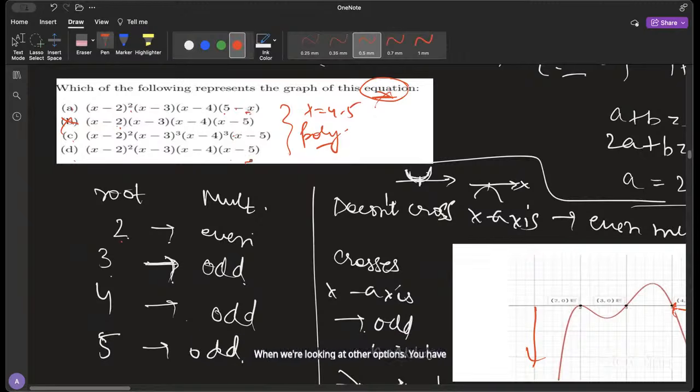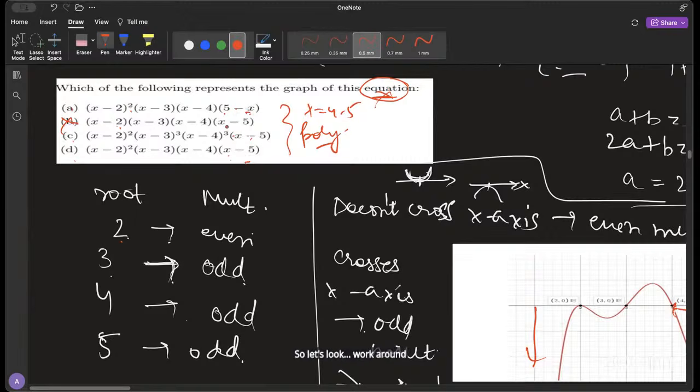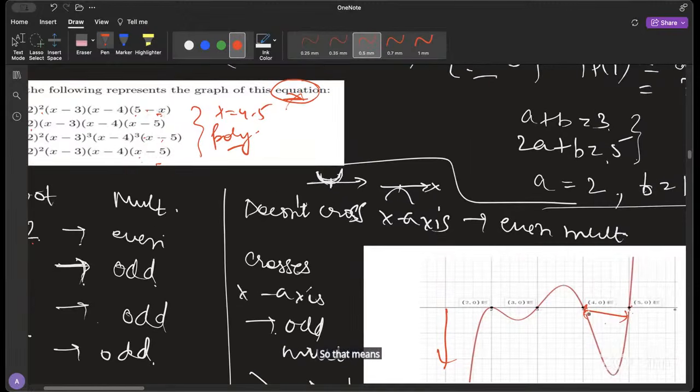You have 5 minus x here, and the other ones are x minus 5. So let's work around this root 5.